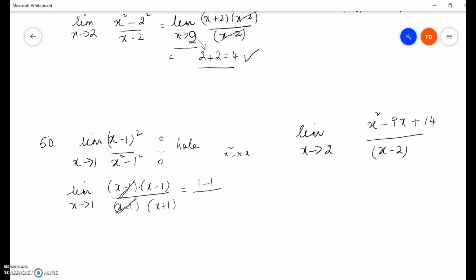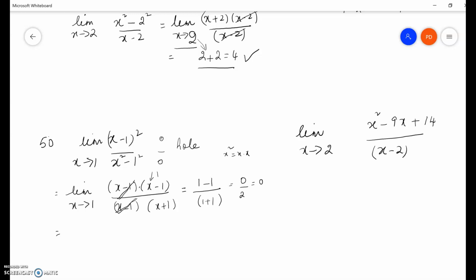In the numerator, 1 minus 1 is 0, divided by 1 plus 1, so that's equal to 0 over 2, which is equal to 0. So we found the limit by cancelling the common factor.